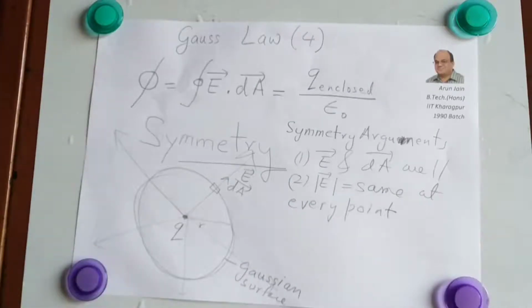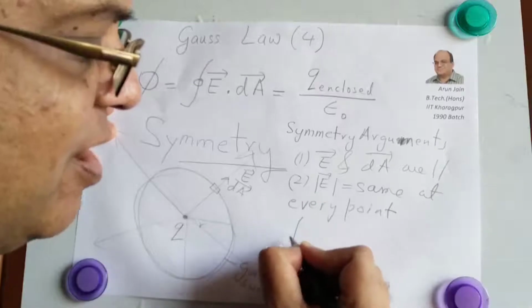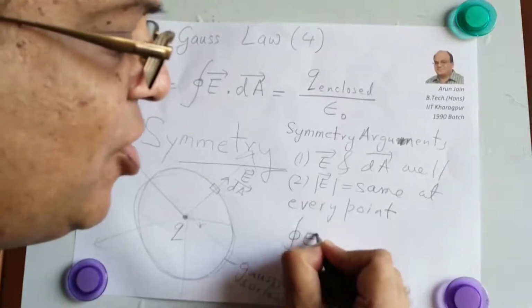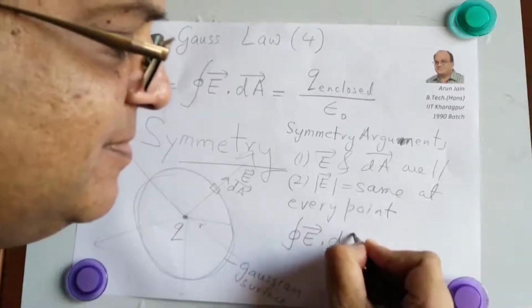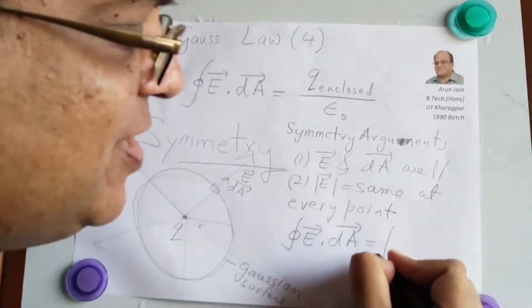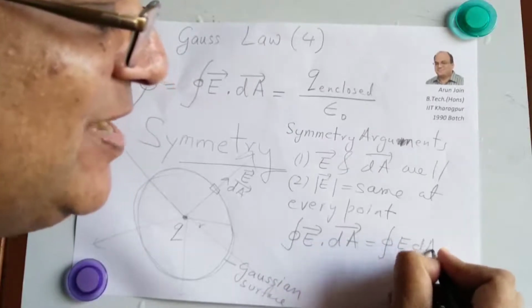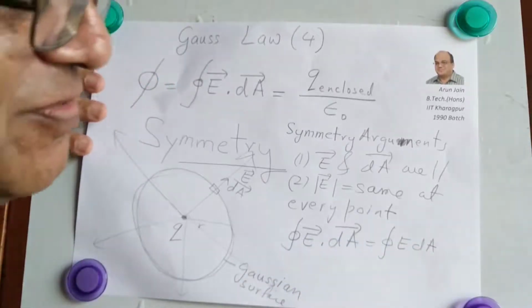So therefore, this integration of E vector dot dA vector becomes integration of E dA, because theta is 0 degrees, cos 0 is 1.